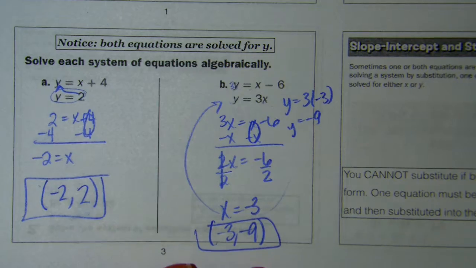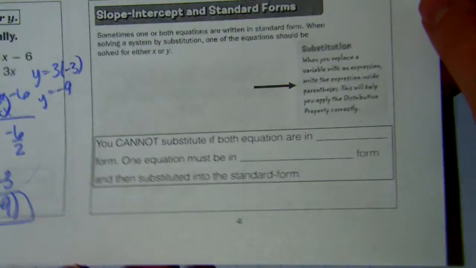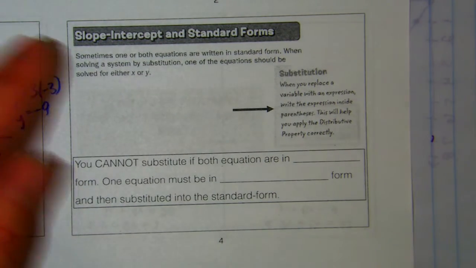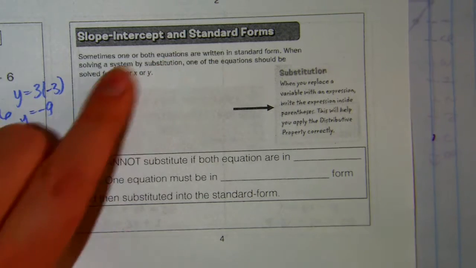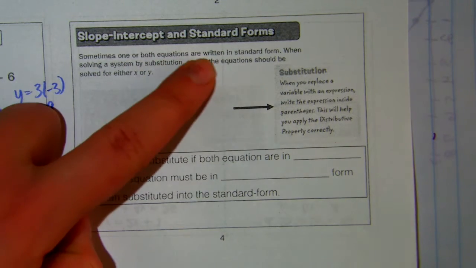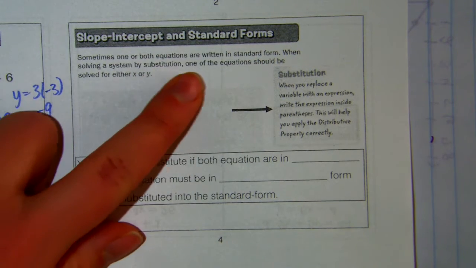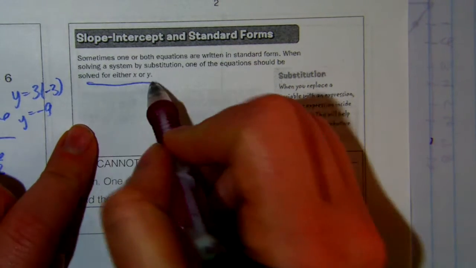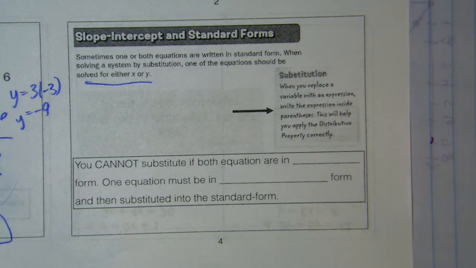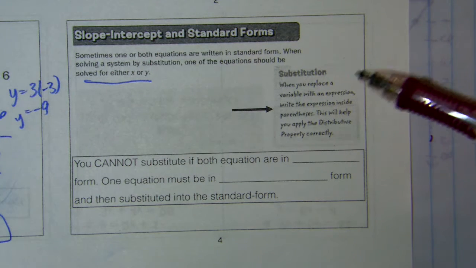Okay, so let's move on. Sometimes we're going to see things that are not both y equals, or slope-intercept form. So it says slope-intercept form and standard form. Sometimes one or both equations are written in standard form. When solving a system by substitution, one of the equations should be solved for x or y. You can solve it for x, you can solve it for y, it doesn't matter, but we need to have the value of one of them. It gives us a nice little hint here.